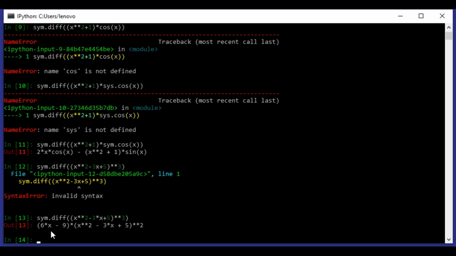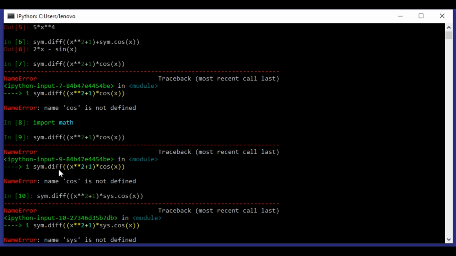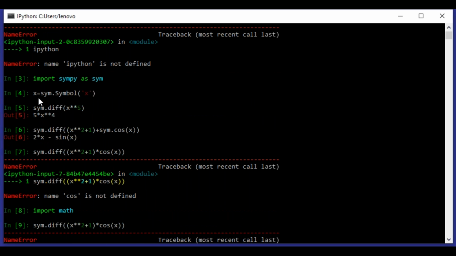Earlier, for a single-variable function, we gave x equal to sym.Symbol, then in brackets, 'x'.